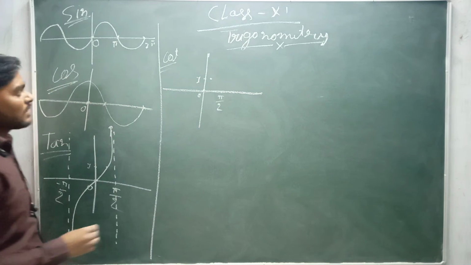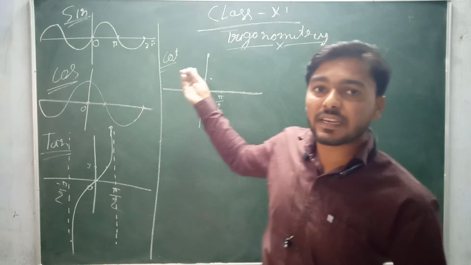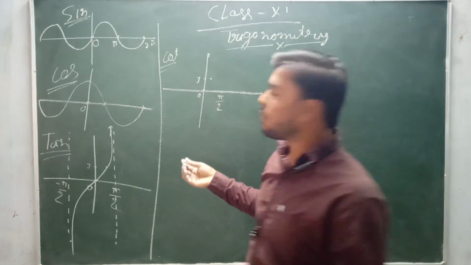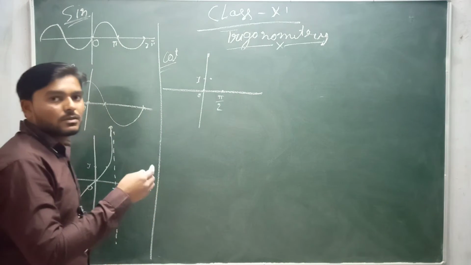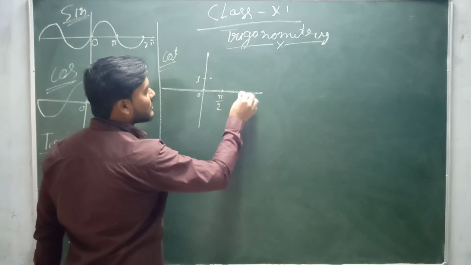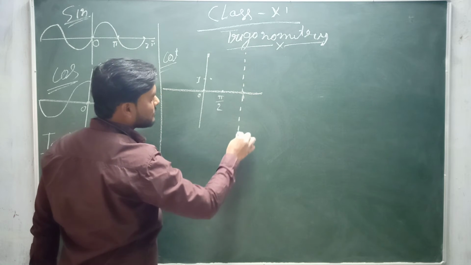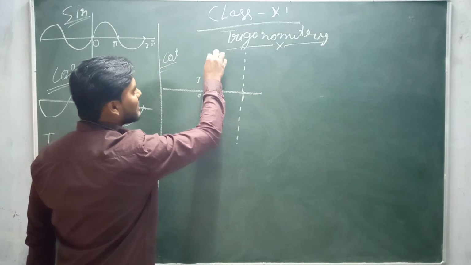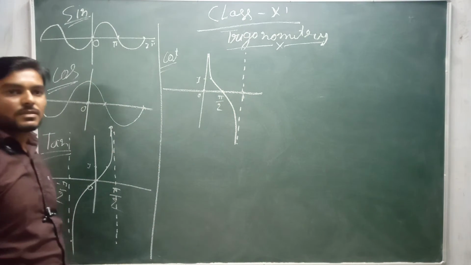Tan 90 will be infinite, then cot 90 will be 0 here. It will be something like this.